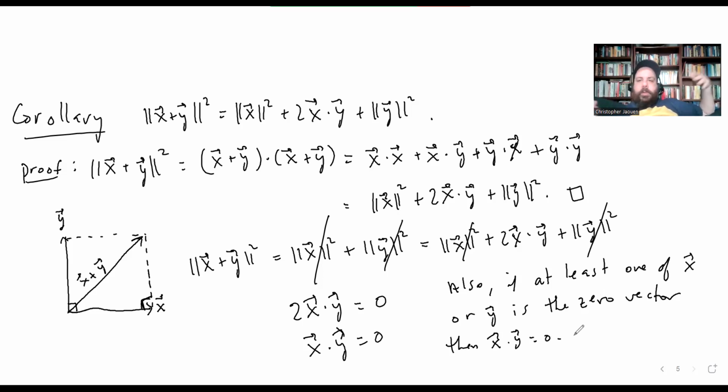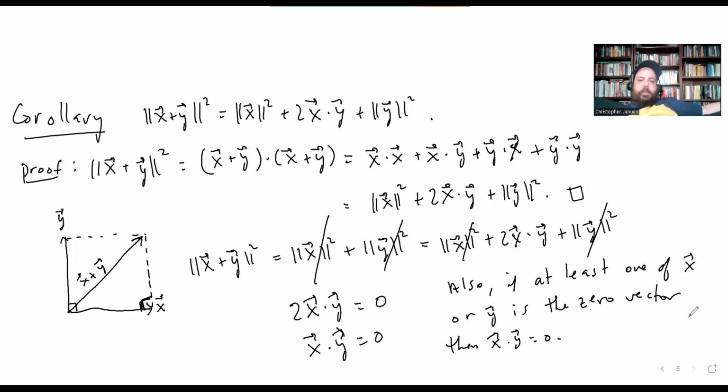When you take the product of any number with 0, you get 0. So the dot product is 0 when the angle between the two vectors is a right angle, or if one of the vectors is a 0 vector.